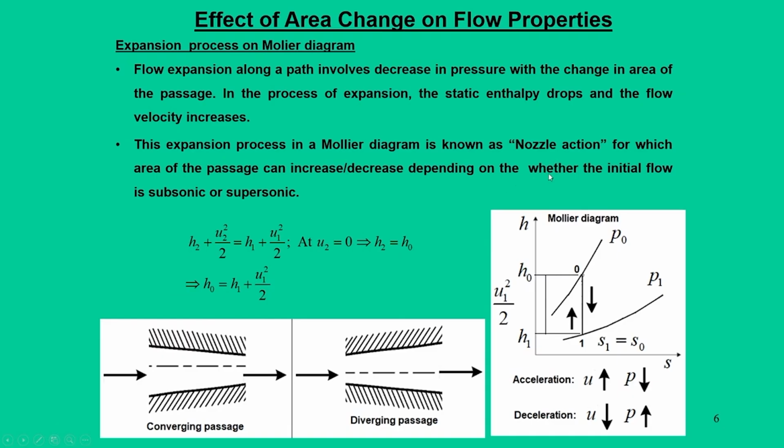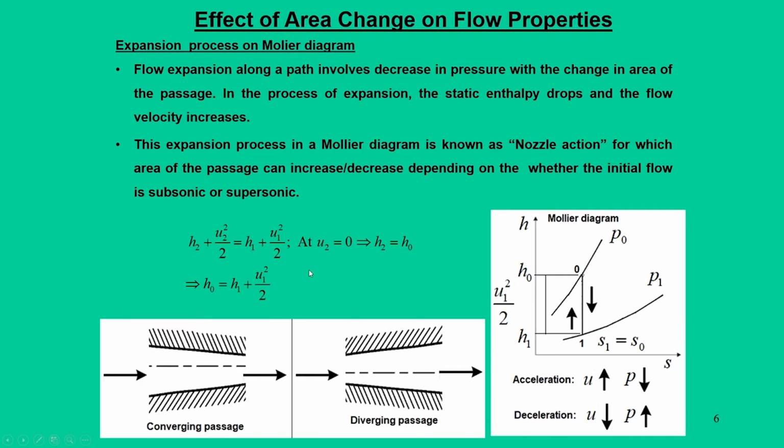So, this depends on whether the initial flow is subsonic or supersonic. If the initial flow is supersonic, a converging passage will act as a diffuser, and when the fluid is initially subsonic, the converging passage will act as a nozzle.